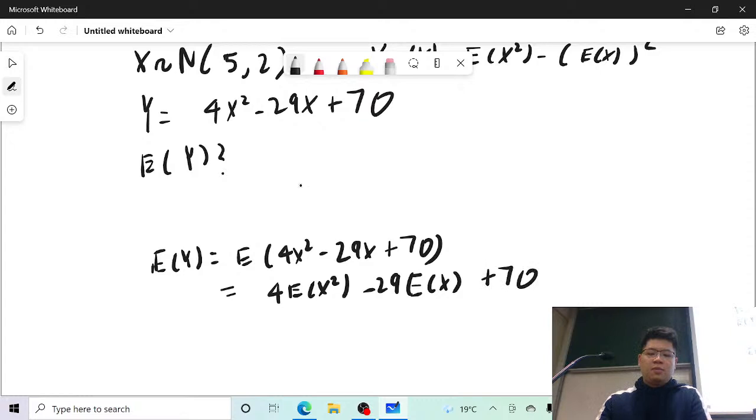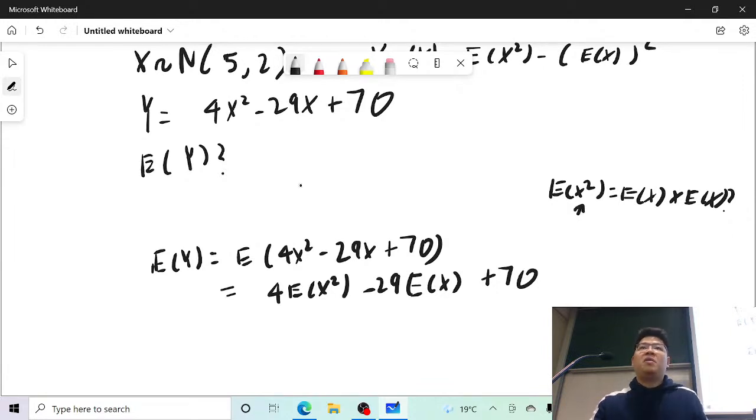Now, at this point, you might be wondering, what happens to E[x squared] here? Can we do this? The answer is no. This is not allowed. The reason is because if you square this random variable here, this becomes a new random variable. It's not the same thing. You could call it p, g, h or whatever.